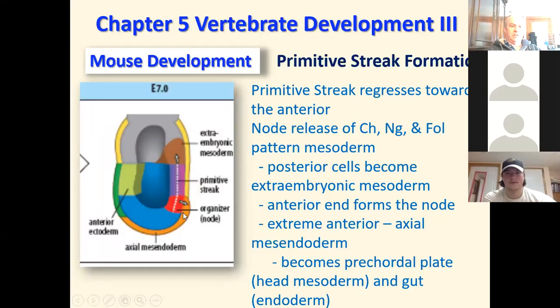So the organizer gets this far, and you still have cells coming out through that node and going anterior and lateral, and they're going underneath this ectoderm here, and that's where your brain is going to form. And so your head and brain are here, and now this node is going to reverse and go that way, and your spinal cord will be there. So when that node reverses, that's neurulation.